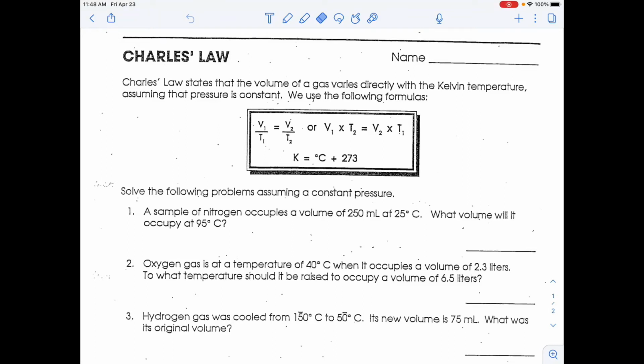Okay, so we have to learn how to do another gas law by the name of Charles' law. And the concept's pretty easy. If you have a sample of gas, say like a balloon of gas, and it's at a low temperature, if it's cold, volume one, the gas is in a small balloon.